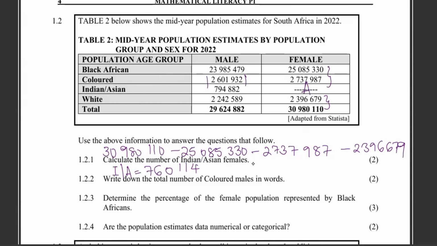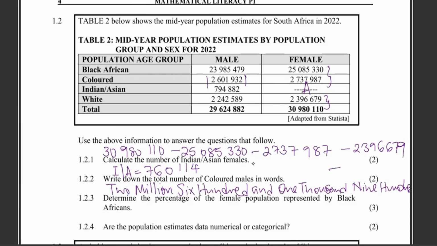Then it becomes 2 million 600, 2,600,000 and 1,900 32. Don't forget to write the words, please. That's how we get marks there.